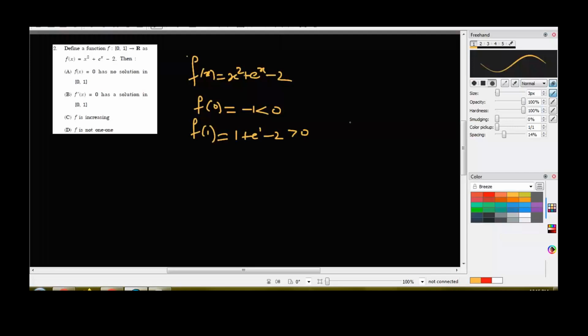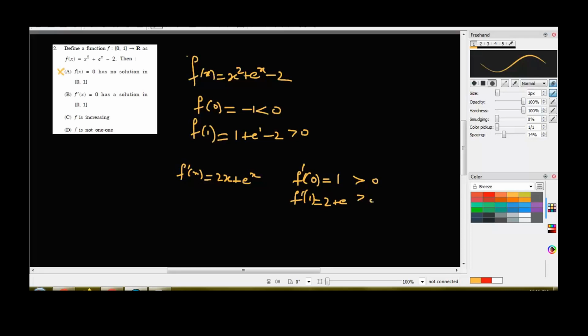And so the first possibility is ruled out, that is f of x equal to 0 has no solution in 0, 1. Let's check with f dash of x. So f dash of x will be 2x plus e power x. If we do the same thing with f dash, f dash at 0 would be e raised to 0, so 1. F dash at 1 would be 2 plus e, which is again positive.